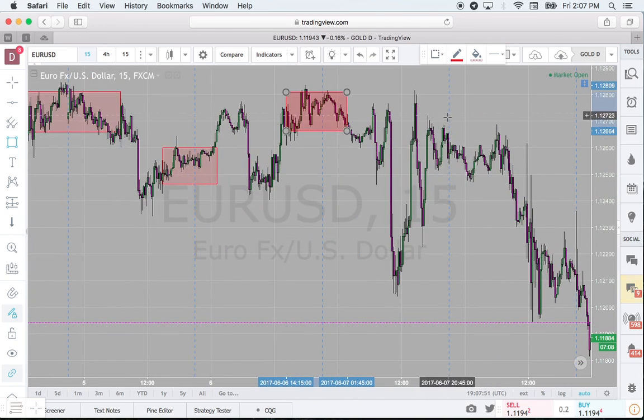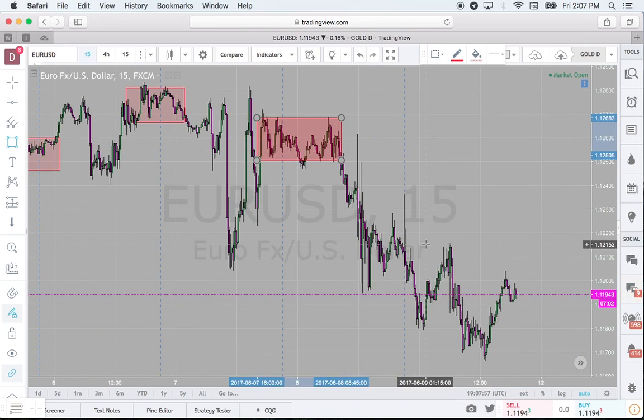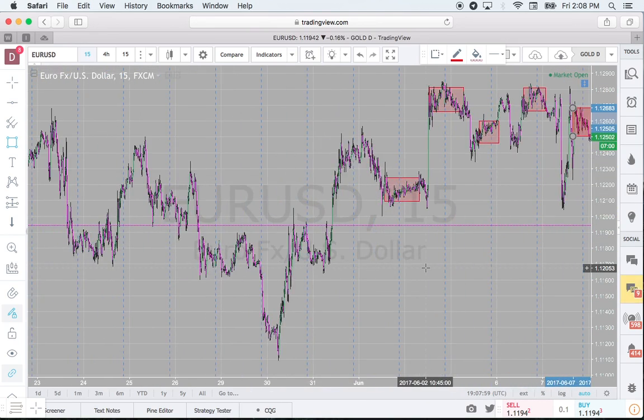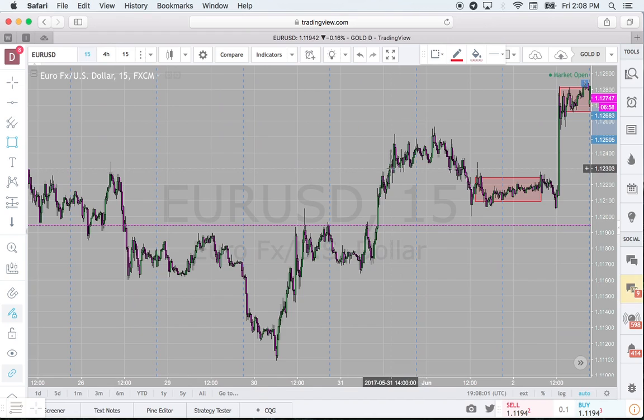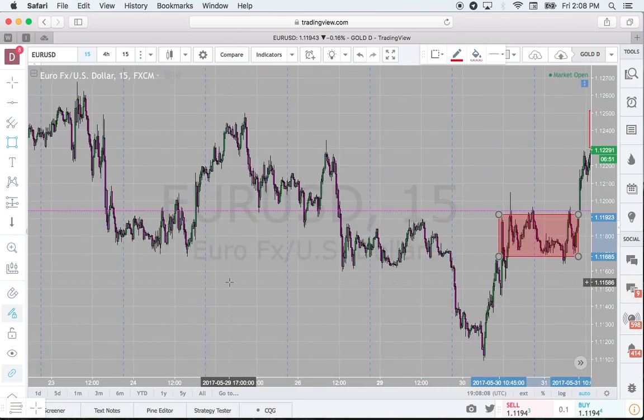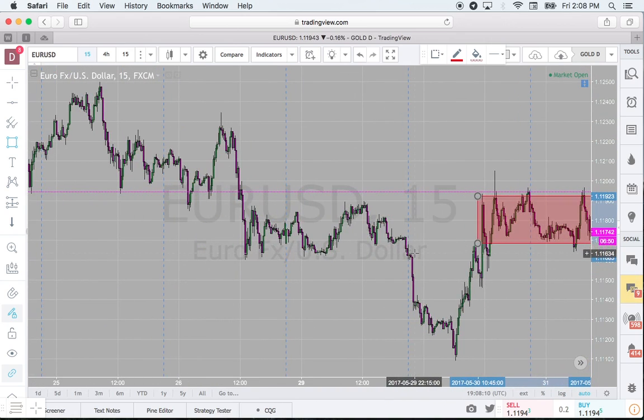We're just marking the consolidation that's happening at the end and the beginning of each session. This consolidation is what the dealer uses to his advantage.